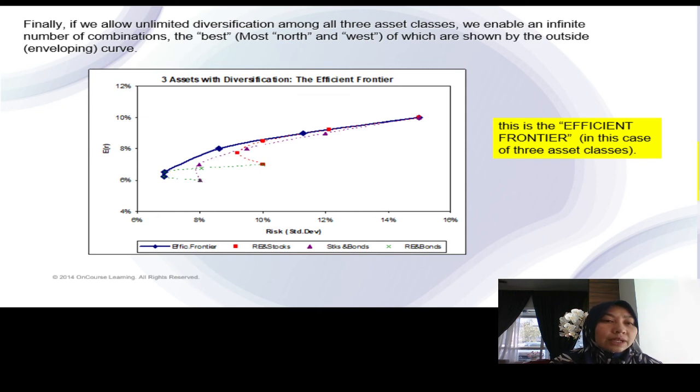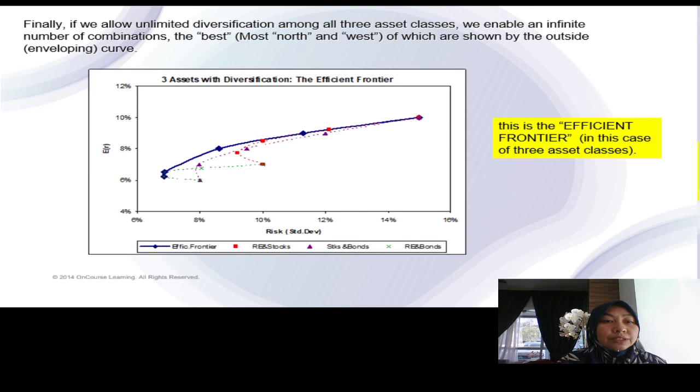The efficient frontier is a line that touches the risk and return points for the three investments. So we draw the efficient line, meaning that if the risk is now 10%, touching here, we can still get 8% return. If we choose to invest only in real estate at 10% risk, we get only 7% return.